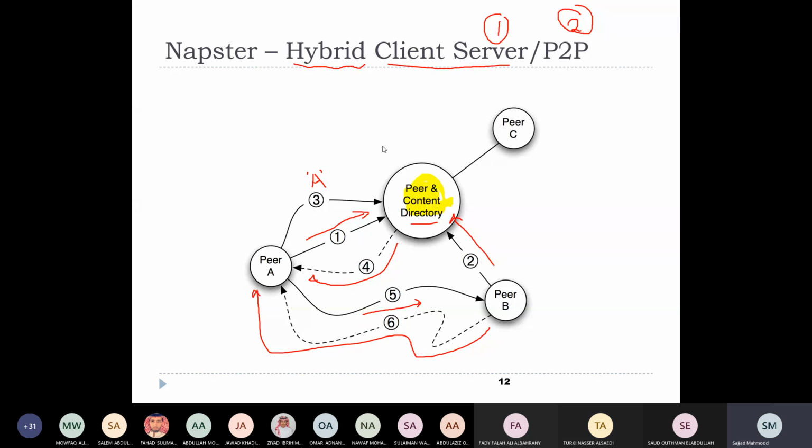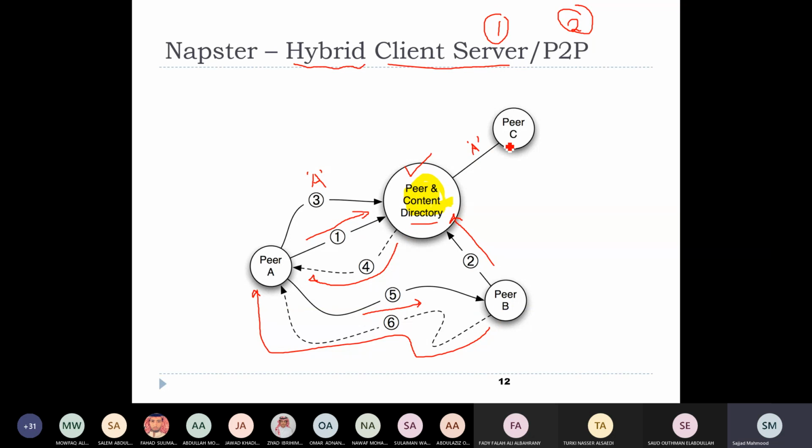Good one. In this case, because in this style you are combining client server and P2P, the searching mechanism will always go through the content directory. So if, for example, C, as you said, is now going to look for file A, of course, now we know that A also has the file, right? And B already had it.